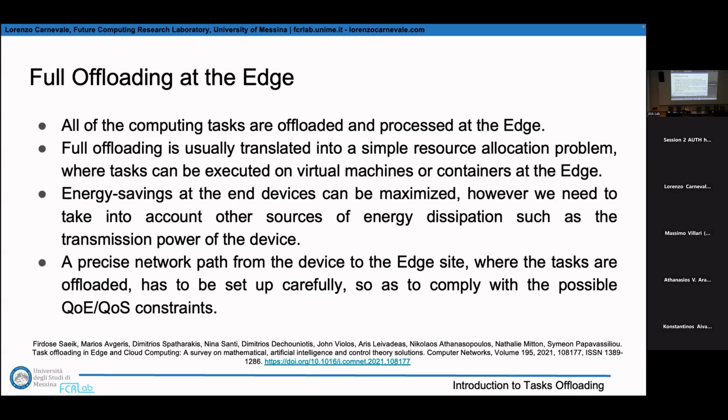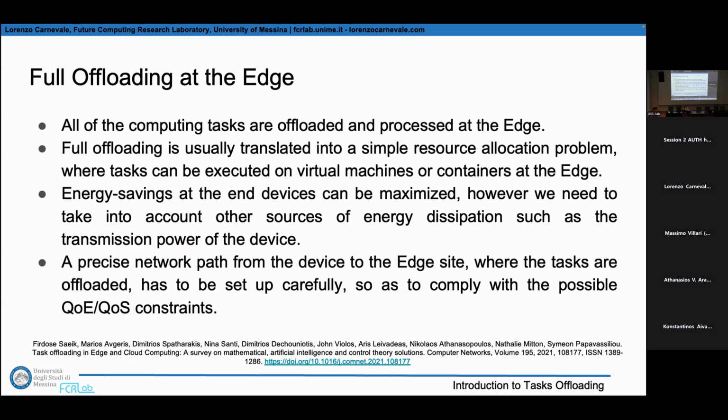When we talk about the full offloading at the edge, in this case, the entire computation that should be run locally in the end device is offloaded and processed at the edge. So this means the full task, so the full set of operations, is migrated from the local device to the edge. And so these are fully executed within virtual machines or containers that are deployed in these edge devices.